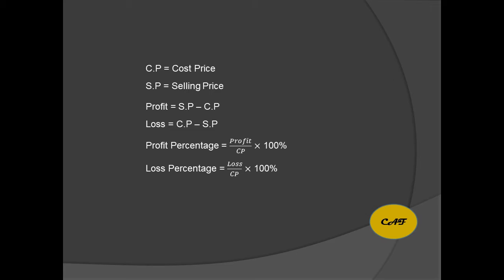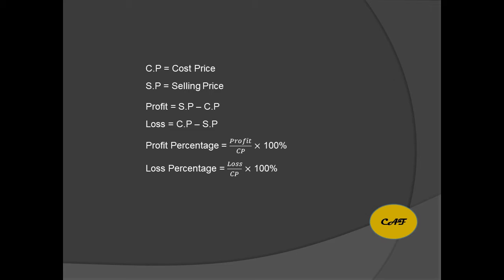So the formula is profit by CP into 100. Here we have to compare with CP because CP is the original cost. Whether it is profit or loss depends upon your selling price. If you are selling for more, you will get profit and profit percentage. If you are selling for less, you will get loss and loss percentage.